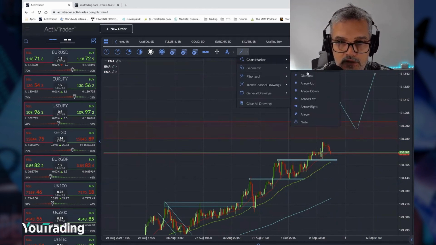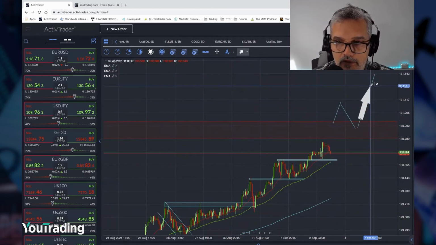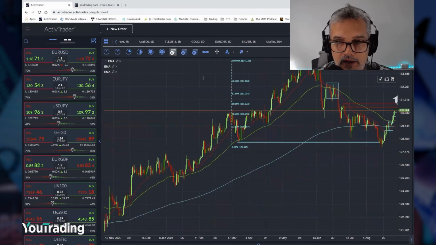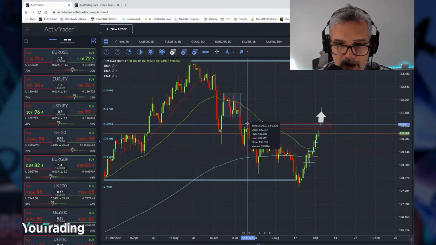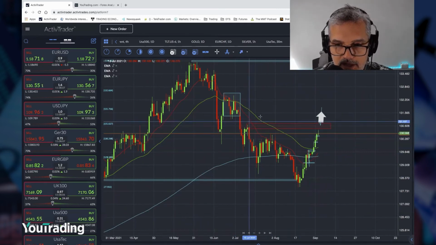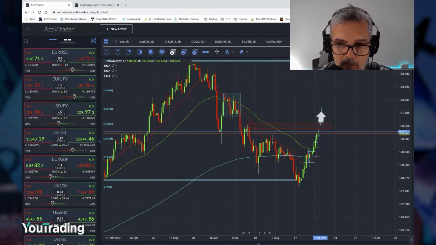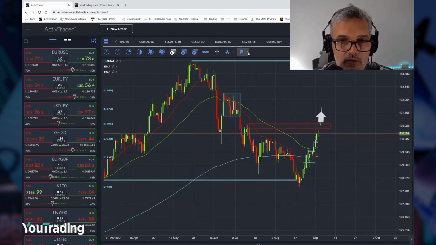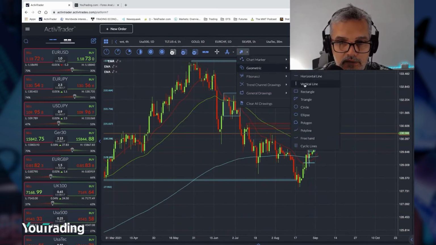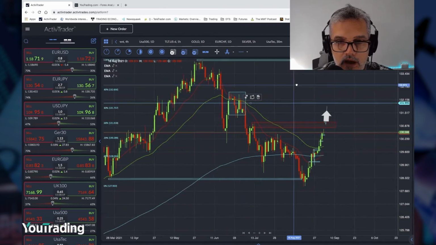So if I just put an arrow there and then come back to the daily. Essentially you'd be looking to wait to see if these stops get taken, then wait to see if that old resistance becomes support, and then wait for the continuation higher, and then be targeting the middle of this particular line here.